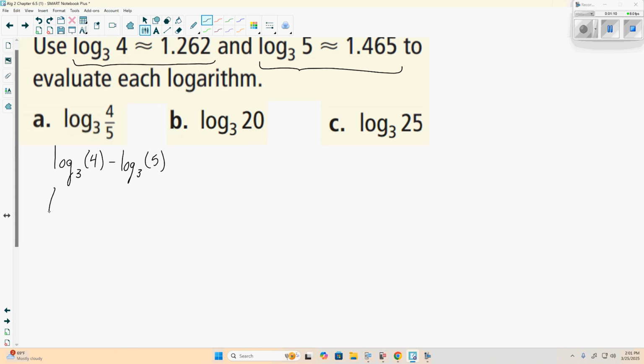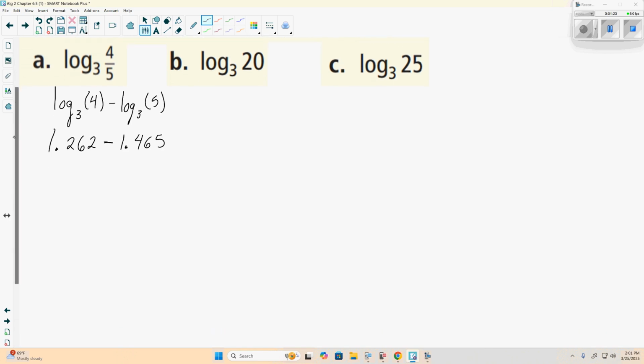Now log base 3 of 4 is approximately 1.262, and log base 3 of 5 is approximately 1.465. And now at this point here, we can just subtract these two from each other.